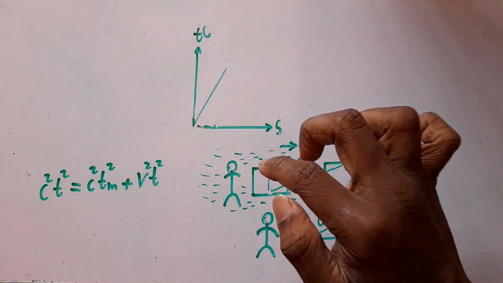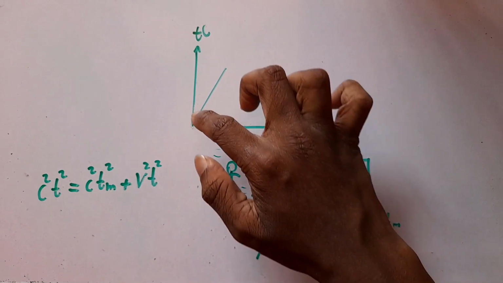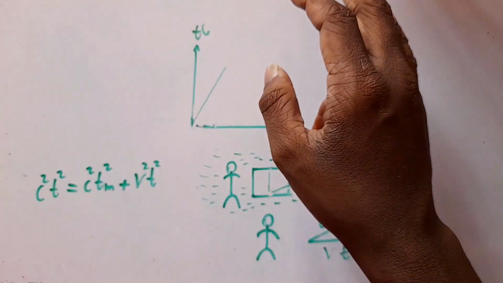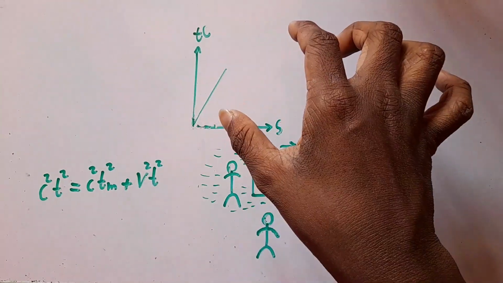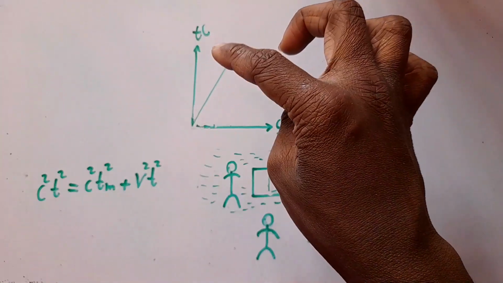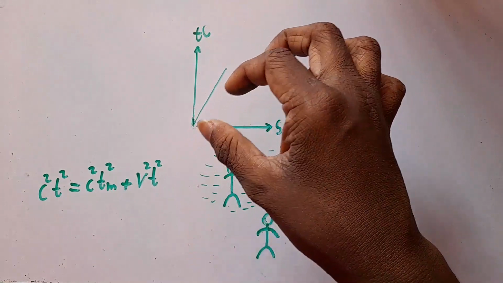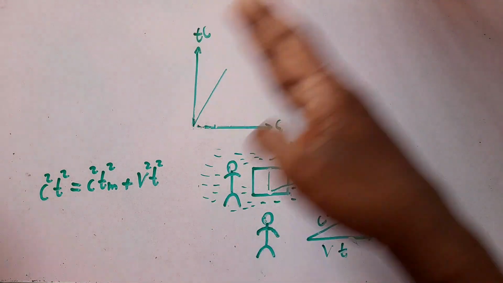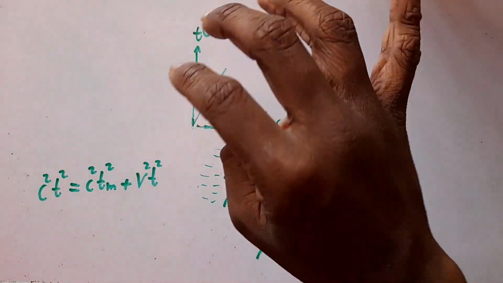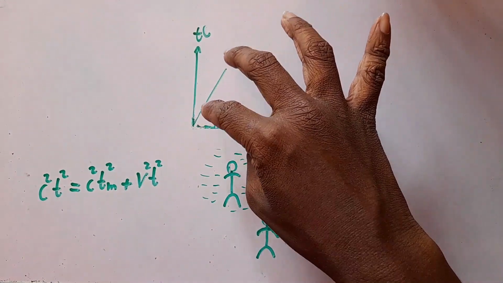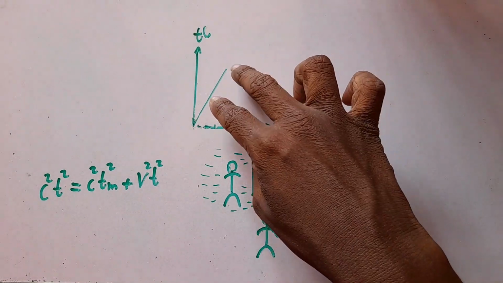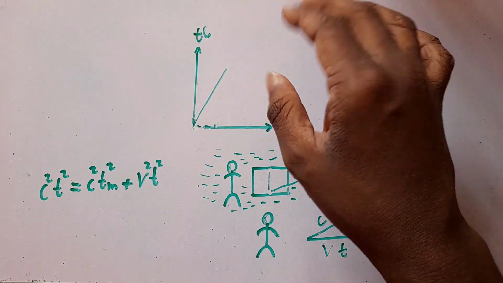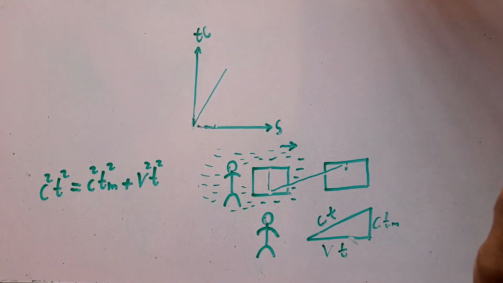From his frame of reference, this is going to lie exactly on his time axis, and we have to do the same thing that we did for the stationary observer's time axis. We must stretch everything in the direction of the time axis by a factor of c. Because this lies exactly on the time axis of this observer, we can simplify its magnitude by simply multiplying by the speed of light.